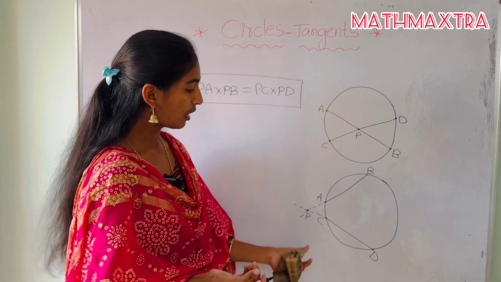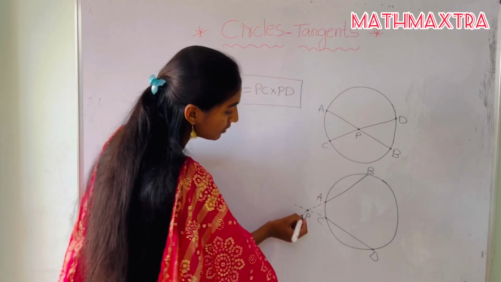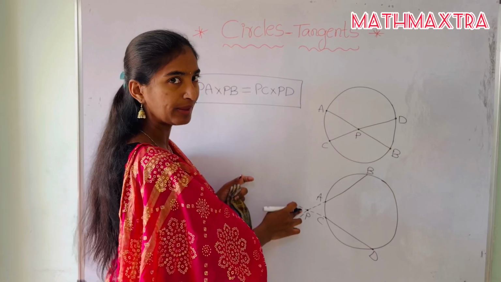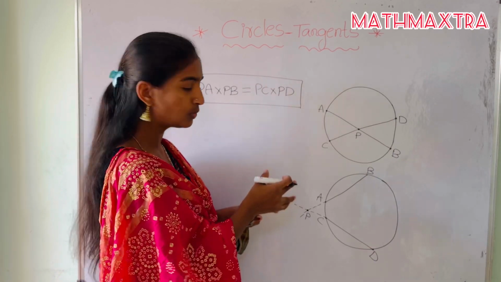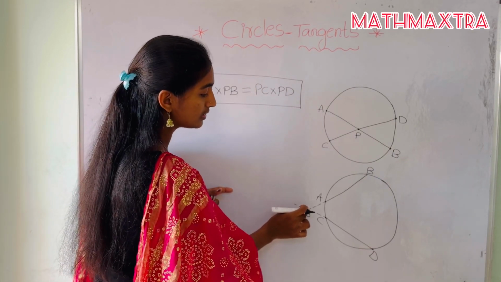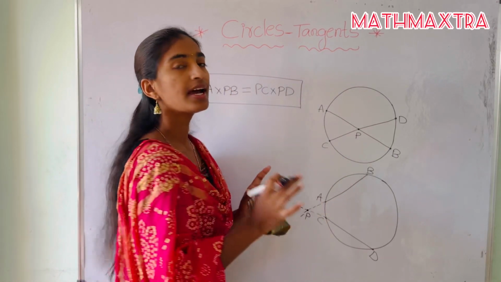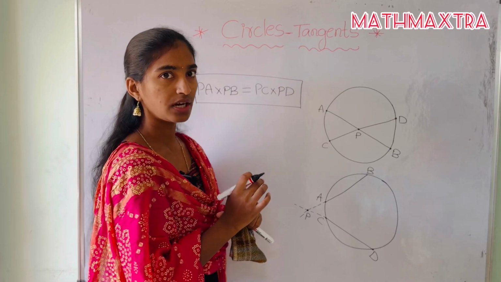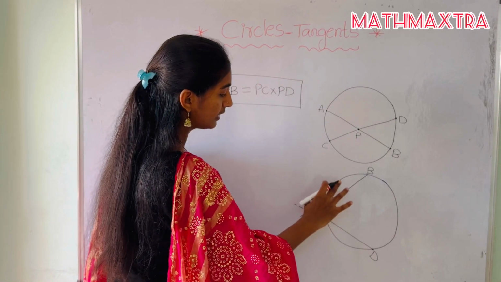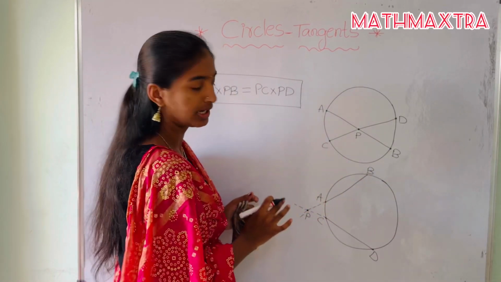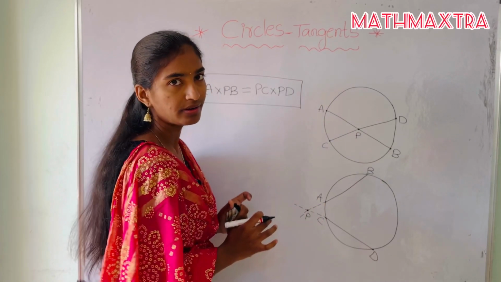So how can you write it? You have to start with the point P, the intersection point of the two chords, and consider PA as one part and PB as another part of a chord, isn't it? Actually this PB is the total length and PA is a part of the length.